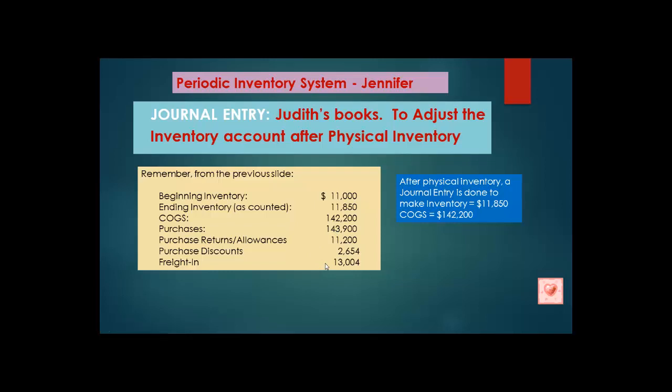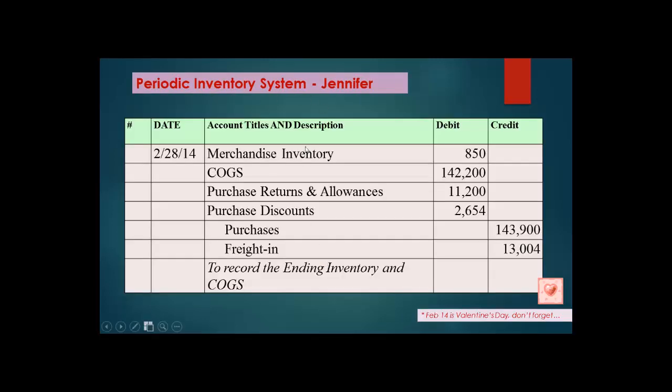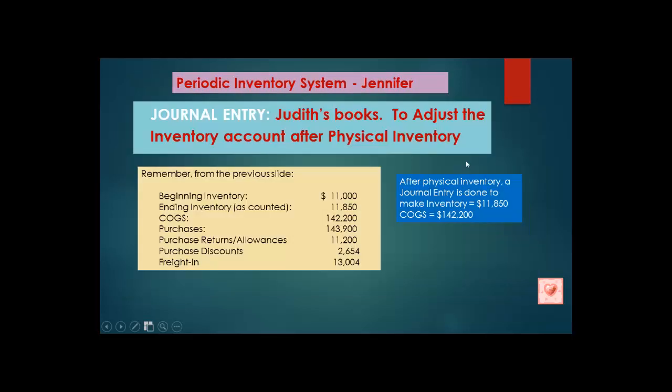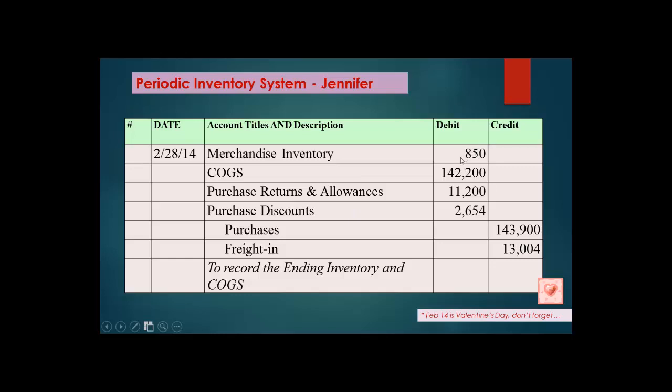So here's our adjusting journal entry. Now remember, merchandise inventory is not going to be the balance that we counted. It's going to be whatever it takes to adjust from the beginning balance of 11,000 to the ending balance of 11,850. So we needed to increase merchandise inventory by 850. Cost of goods sold is only booked at the end of the year.